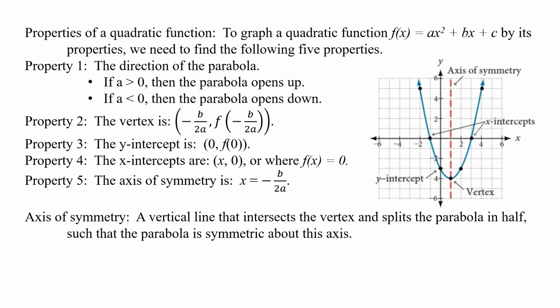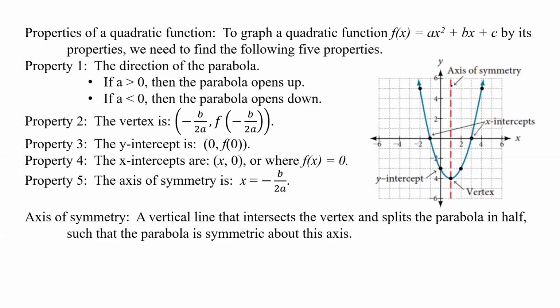This is our vertex. Other things we have are the y-intercept, where it crosses the y-axis, and the x-intercepts. We have 2 of those in this case because it hits 2 places. We also have the axis of symmetry.